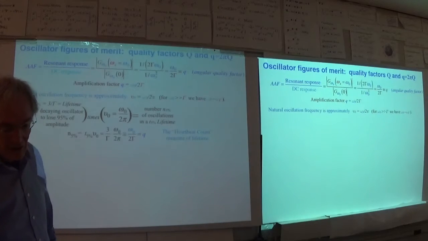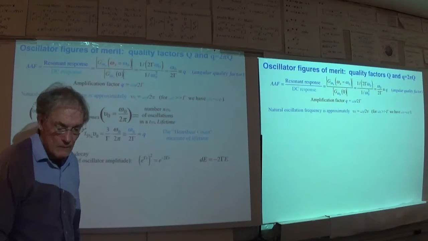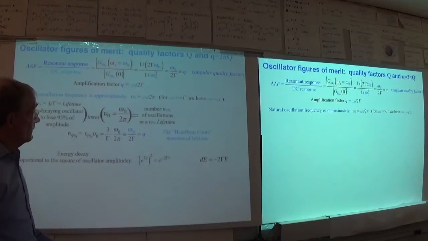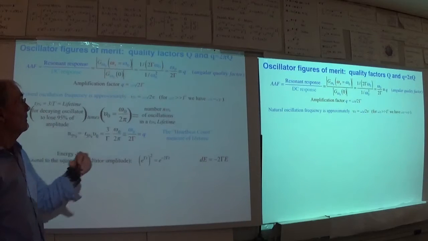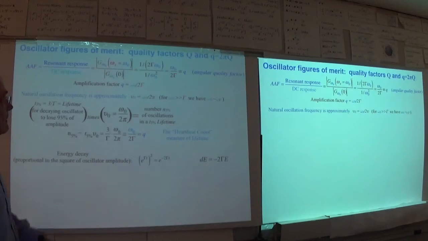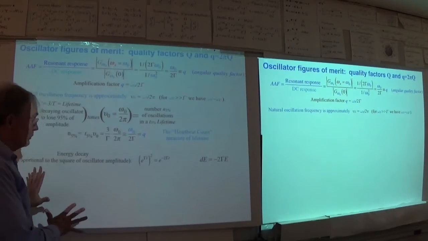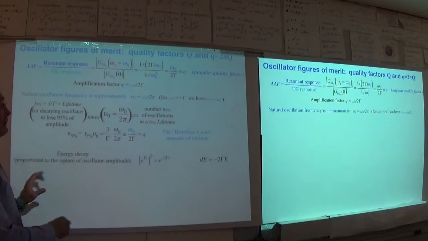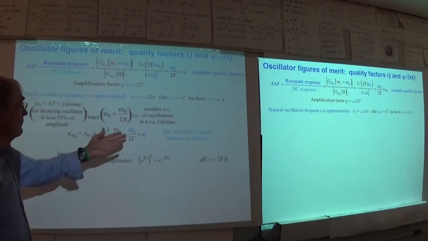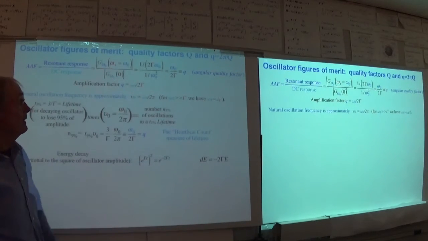Figures of merit again. Amplification factor, omega 0 over 2 gamma. The angular quality factor. Now there's the usual quality factor, the standard quality factor. I've never seen this guy in any text.